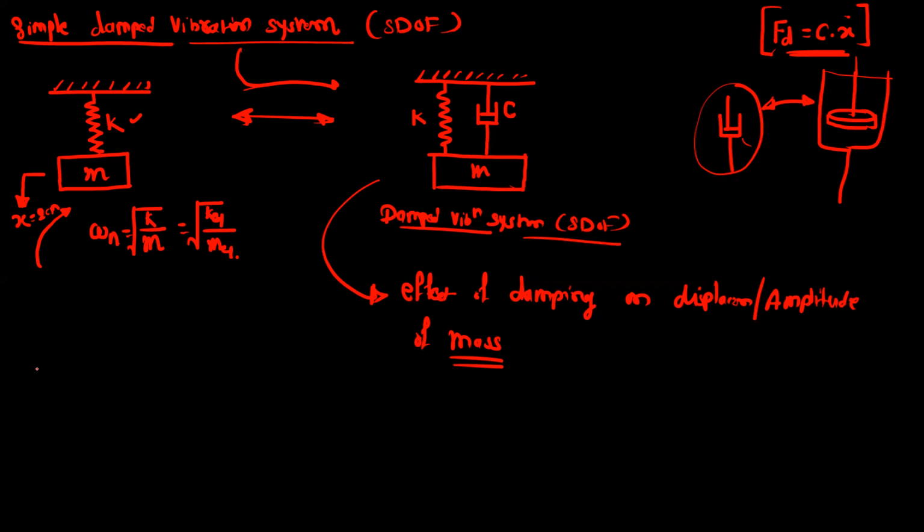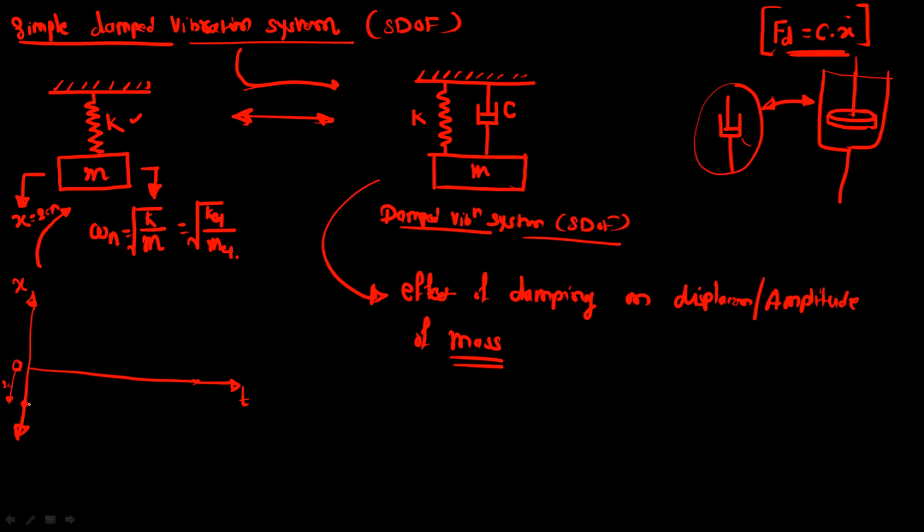So for the free vibration, that displacement versus time graph. So this is x, this is time. Suppose you pull the mass in the downward direction. So just take the initial displacement at this point, that is 2 centimeter. At this point, time is 0.